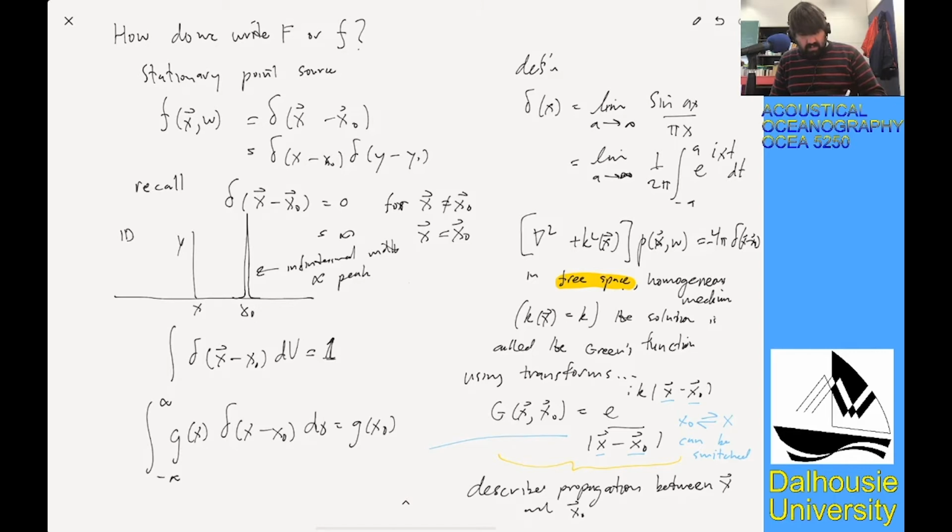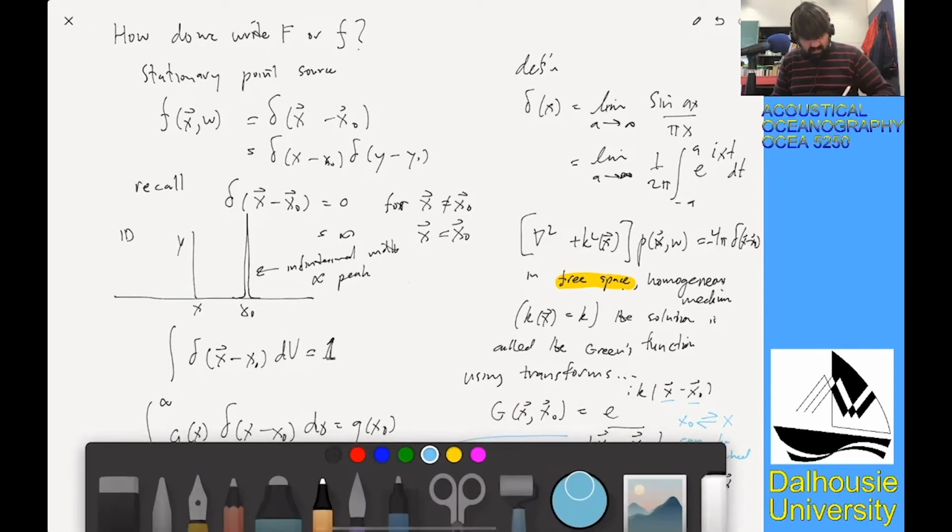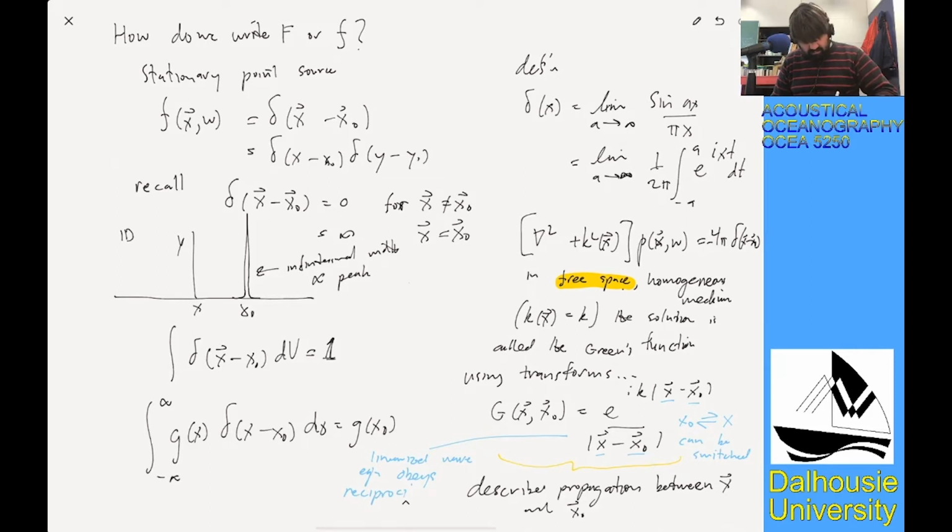So we can write that the linearized wave equation obeys reciprocity.